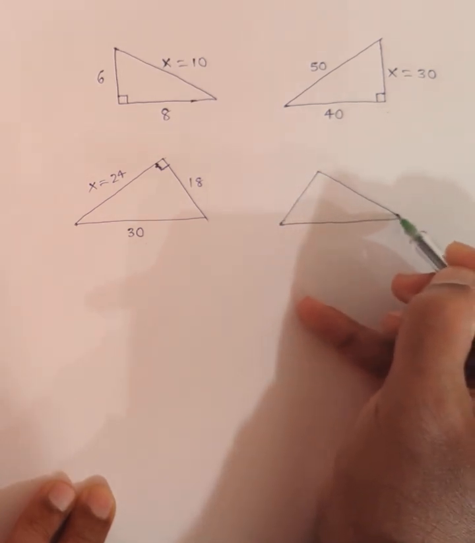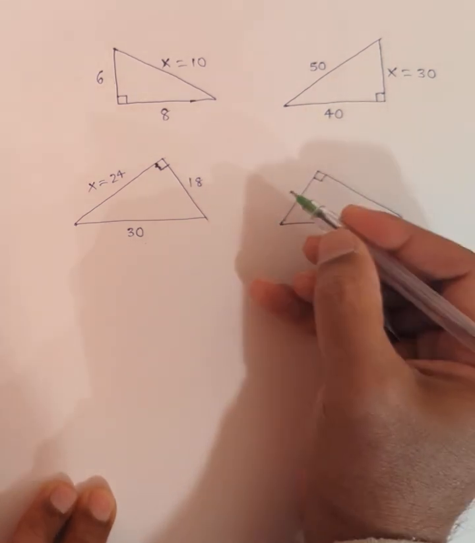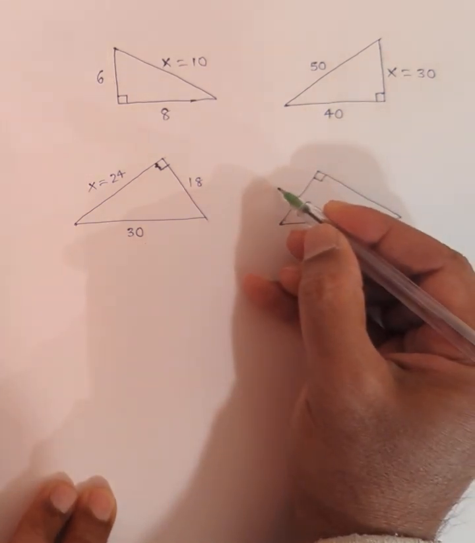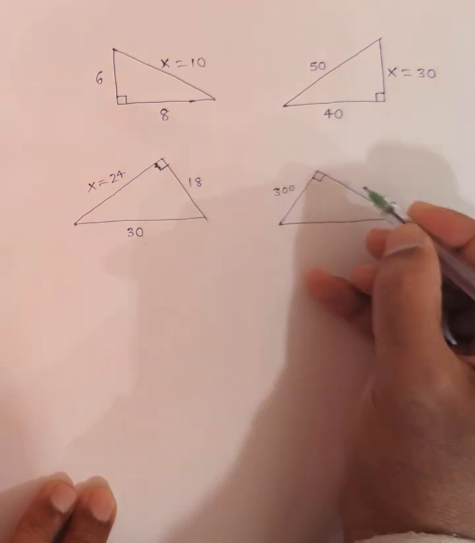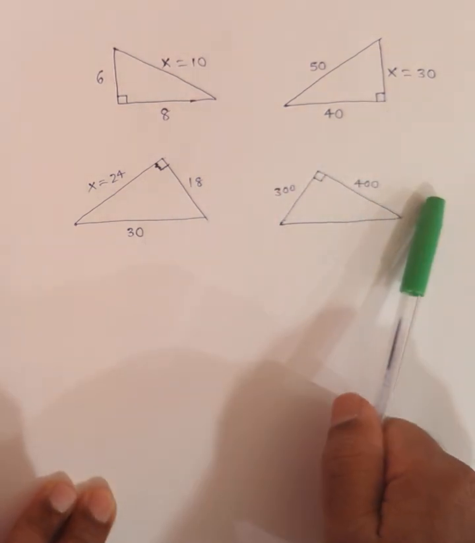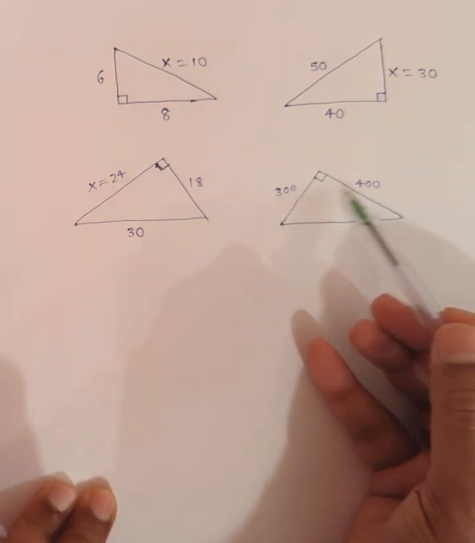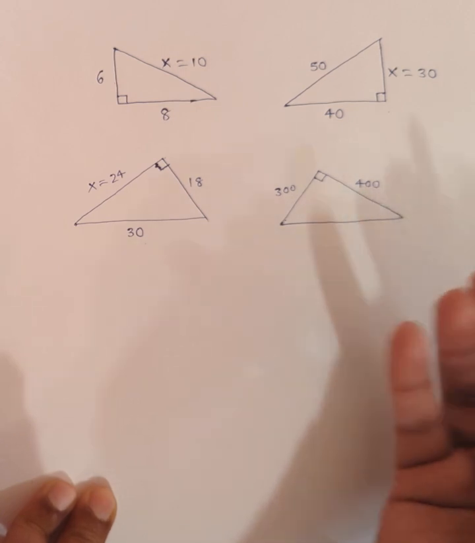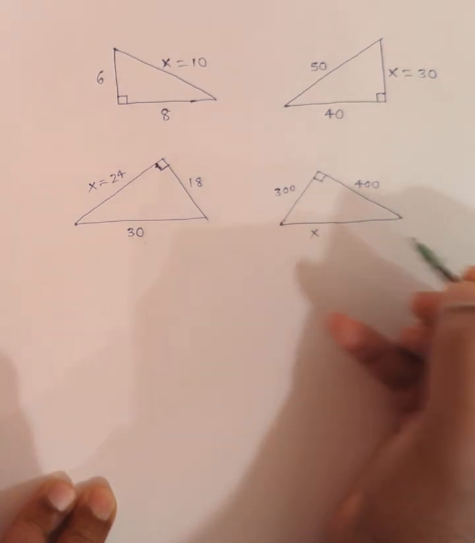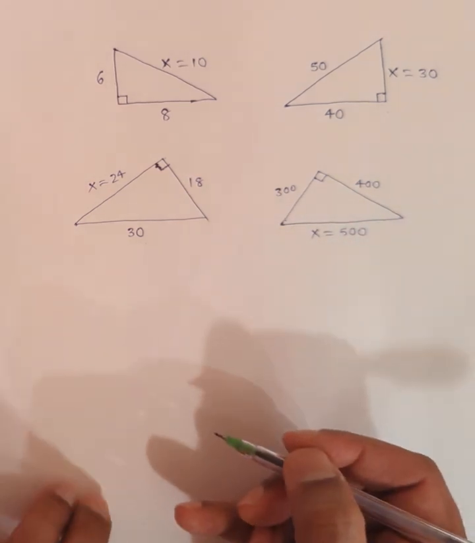So this time again, I'm drawing my right triangle this way. So say I have 300 and 400. If the legs are 300 and 400, the greatest common factor is 100. This is 100 times 3, 100 times 4. So this x would have to be 100 times 5, which is 500.